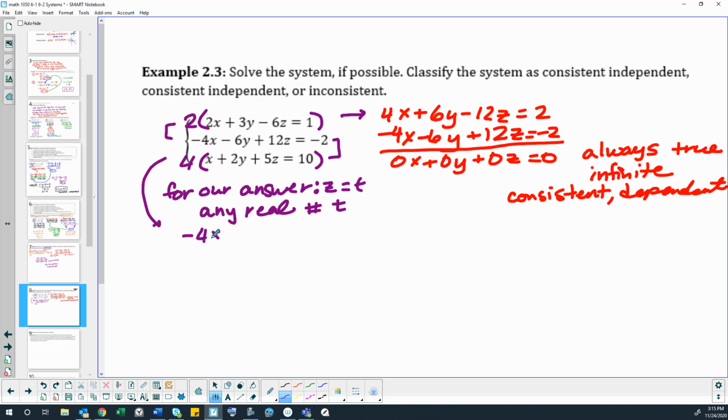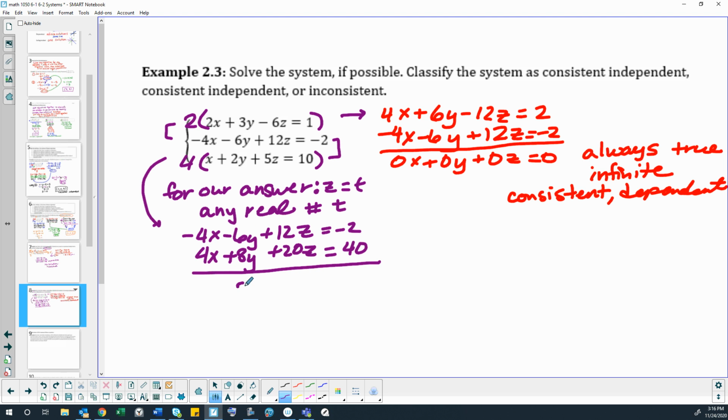So we'll have negative 4x minus 6y plus 12z equals negative 2. And then we're going to have, oops, undo here. Oh, that undid everything. I'm just going to redo and then erase. Okay, so multiply by 4, that gives us 4x plus 8y, we're not going to get a 0 there, plus 20z, I didn't forget to multiply my 4 and my 5 together this time, equals 40.